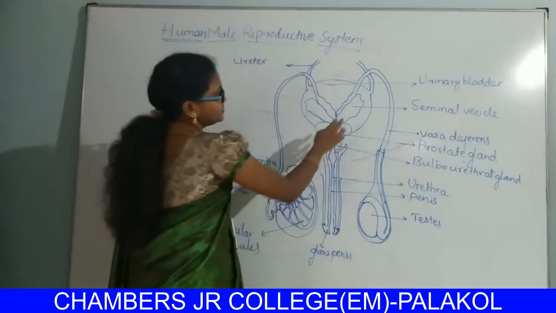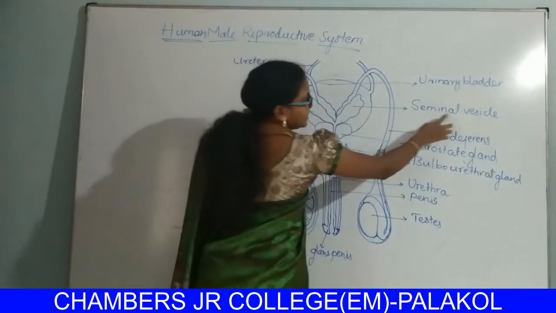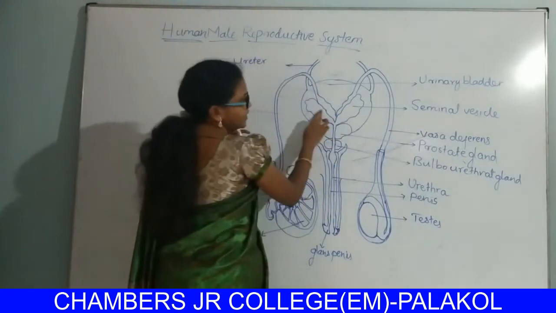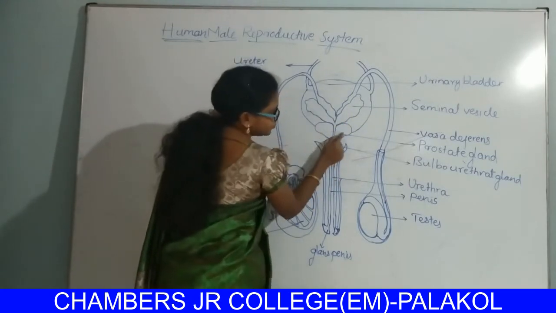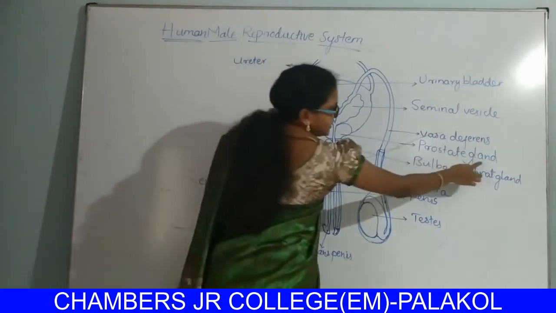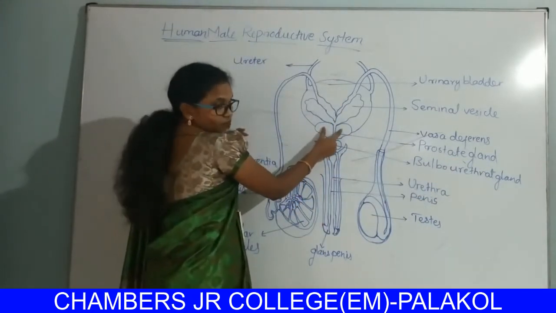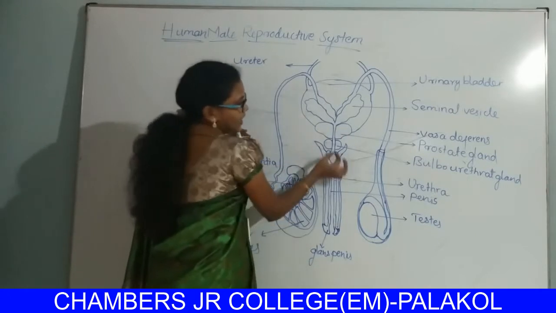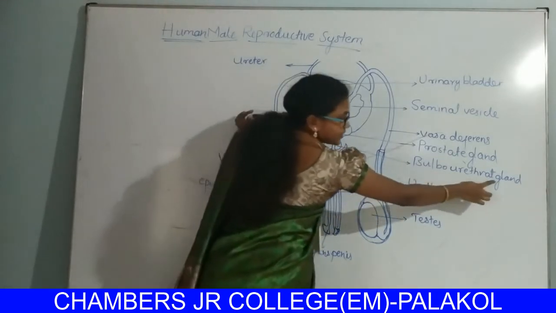Okay. And next, these two are seminal vesicles. And next, these two are prostate gland. This one is prostate gland, and this one is bulbourethral gland.